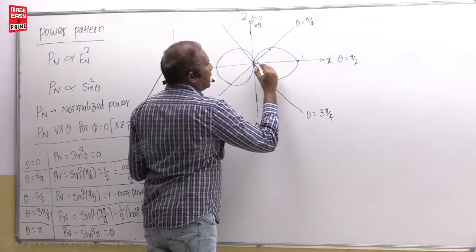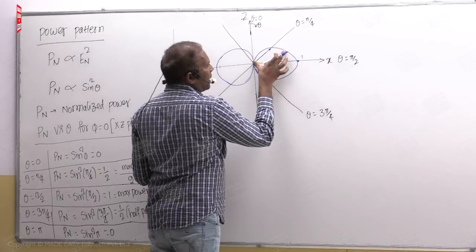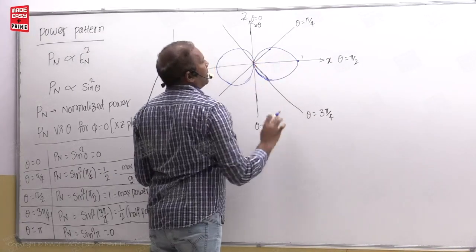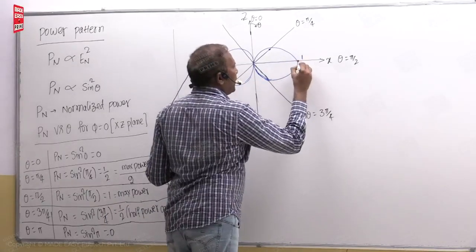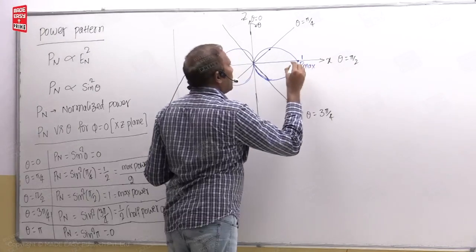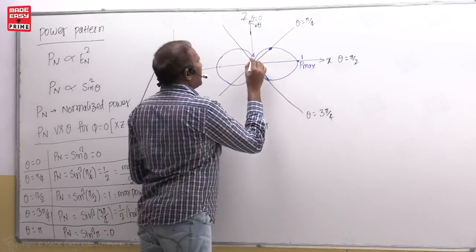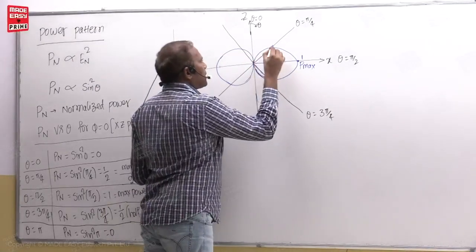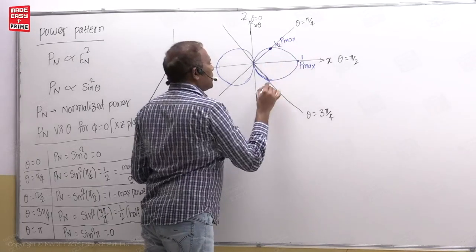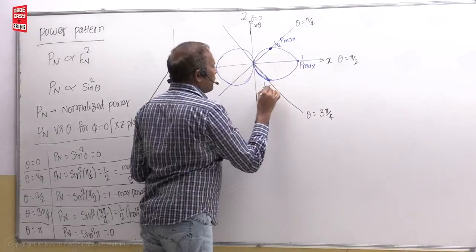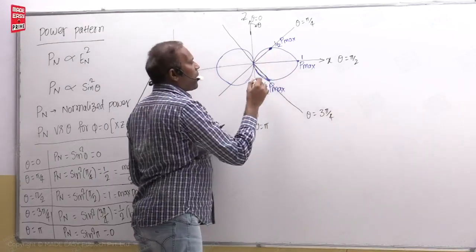At each and every angle this much length, this much power will be there. At 90 degrees this much power, like that. This is the maximum power point. At 45 degrees, this is half of maximum power. This is also half of maximum power. So this one and this one are called half power points.